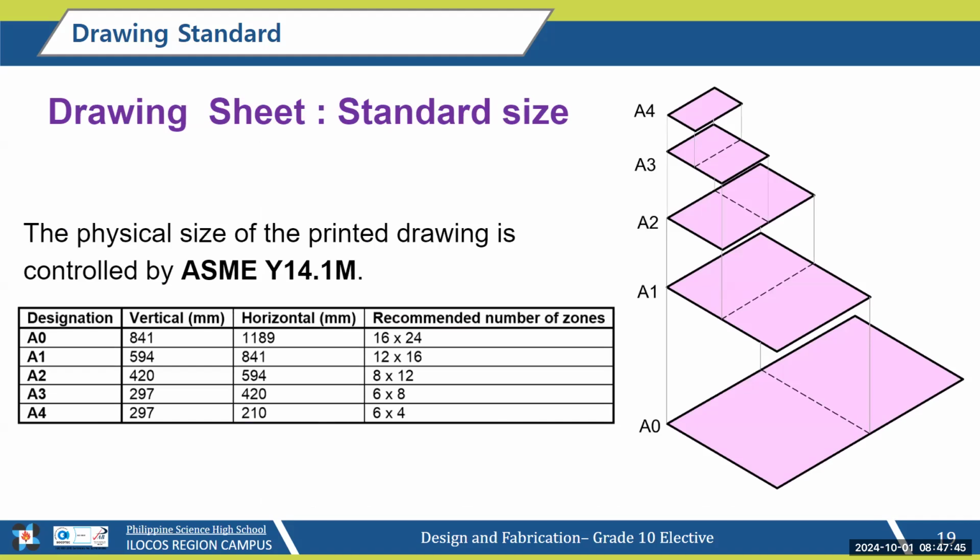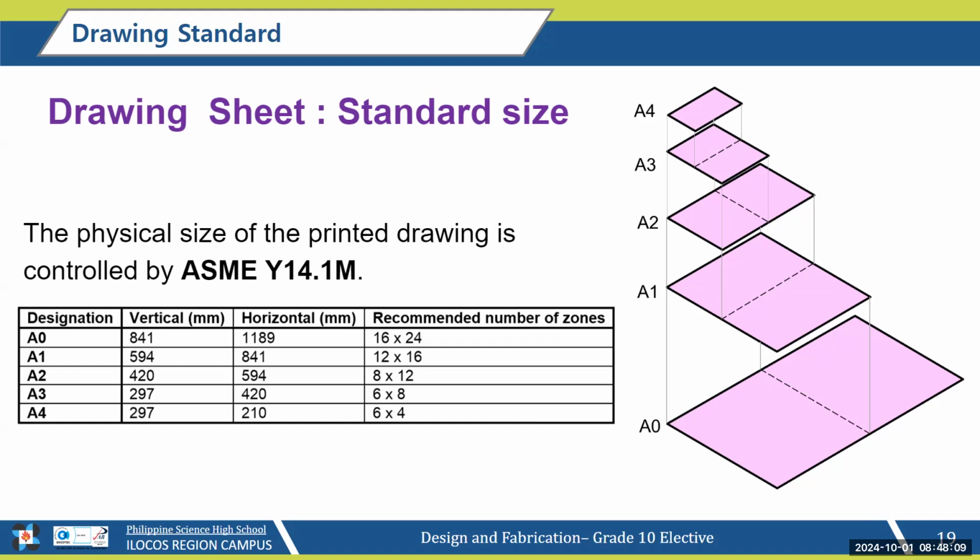The physical size of a printed engineering drawing is also standardized. This is controlled by ASME Y14.1N. Engineering drawings come in different sizes, typically ranging from A0 to A4 sized paper. A0 is the largest.